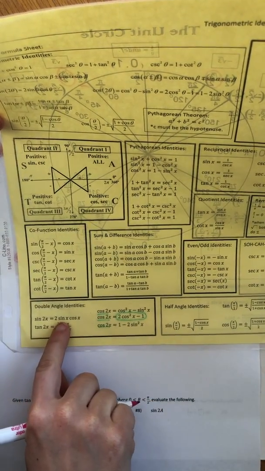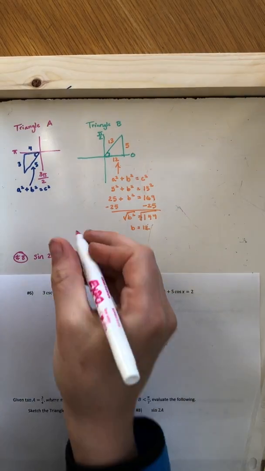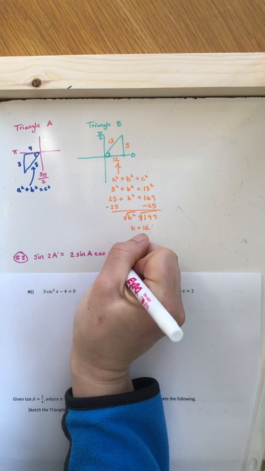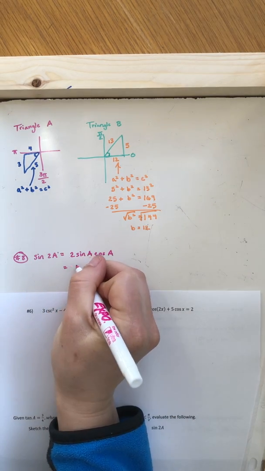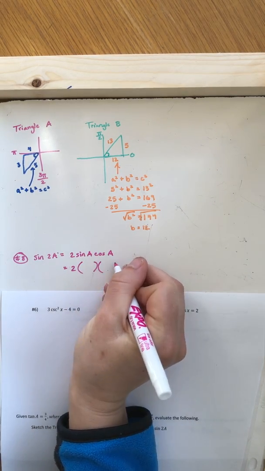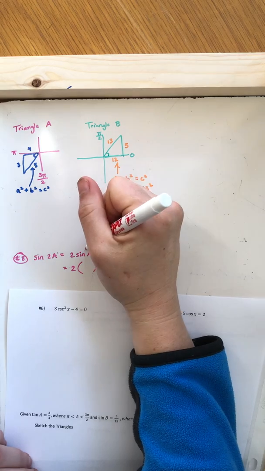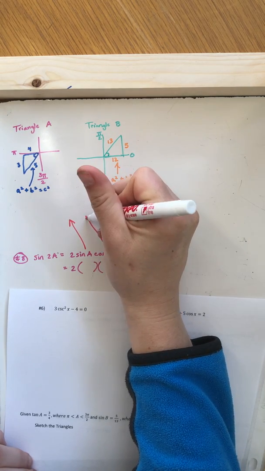So it's going to be 2 sine a cosine a. And we just need to fill in what those values are. Now I'm only going to be using triangle A. So I'm only using that triangle.